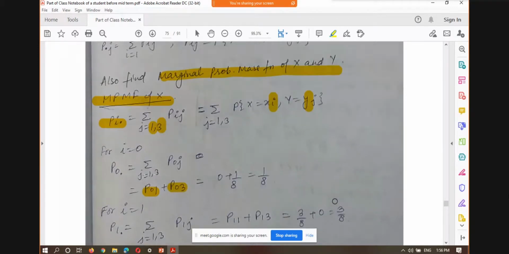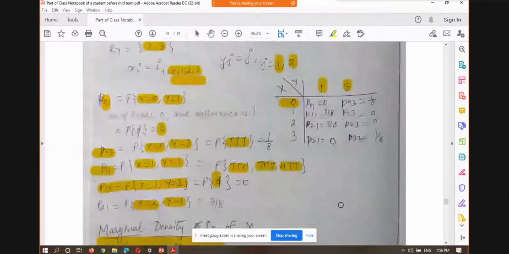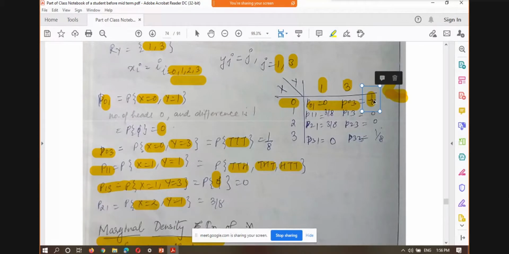If you see, 0103 is this one. If I add these values of this row, I will get 1 by 8, and this summation of row values will give me the marginal probability mass function at the point x equal to 0. Similarly, to get the marginal probability mass function for x equal to 1, I add these two values.